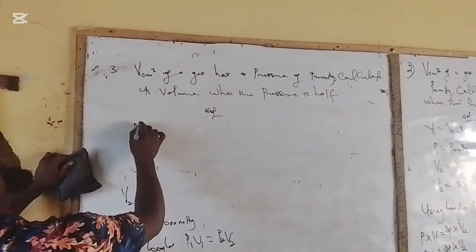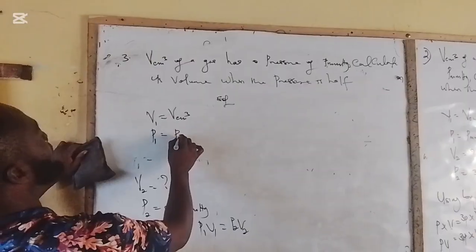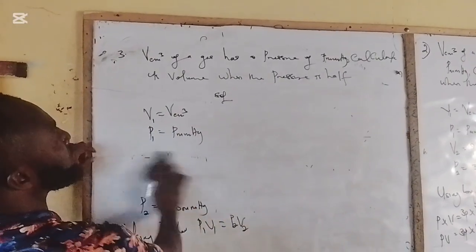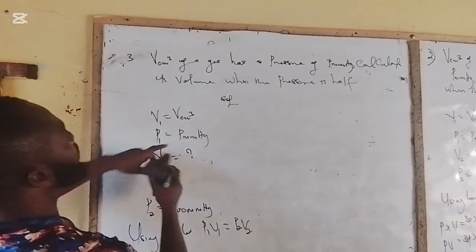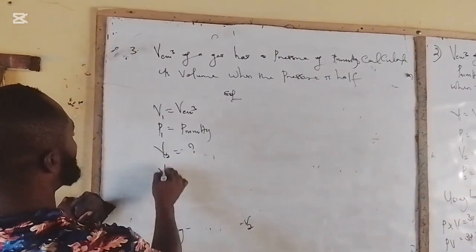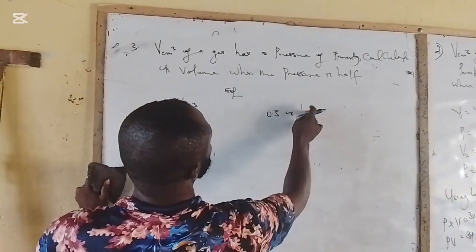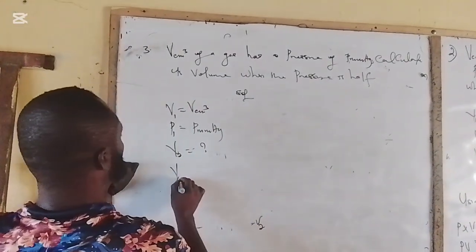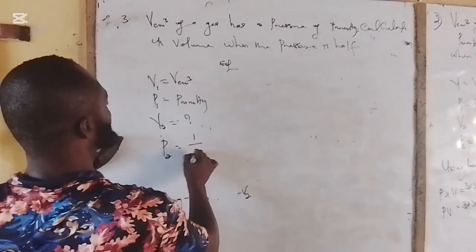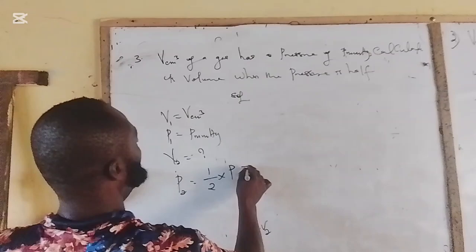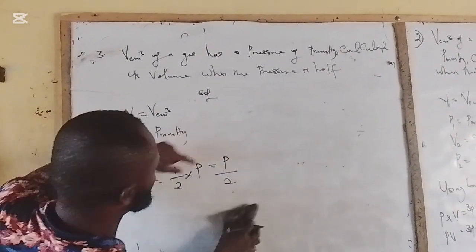Solution. V1 is V cm cube, P1 is P millimeter mercury. Then we are looking for the second volume, which is unknown, when the pressure is half. In mathematics, half can be 0.5 or 1 over 2. So we normally use half as 1 over 2. So when the pressure is half, it is 1 over 2 times the initial pressure, which is P, which gives P over 2. That means that P2 is P over 2.